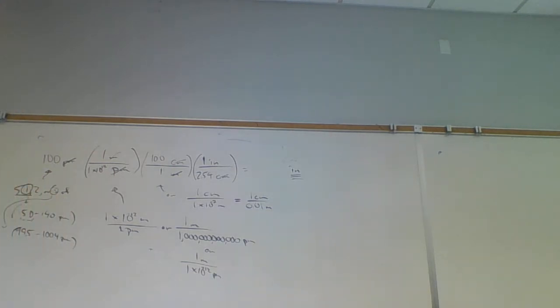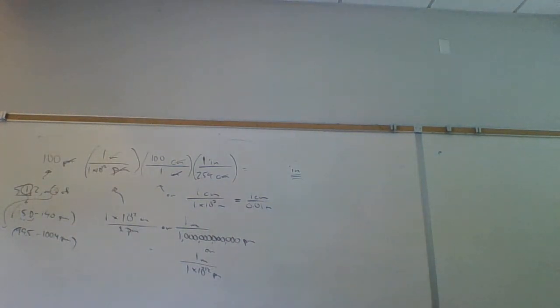And so what is the calculation? Let's go back to the calculator here and punch it in. I'm going to clear this. So I start off with 100, and then I'm just going to do the numbers. I'm going to do divided by 1 times 10 to the 12th, or 1e12, times 100.